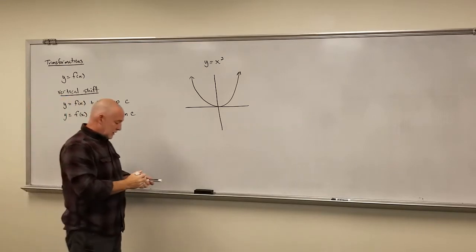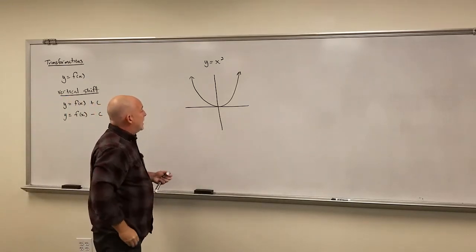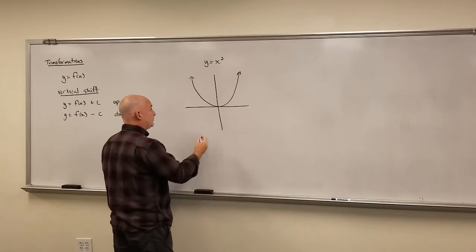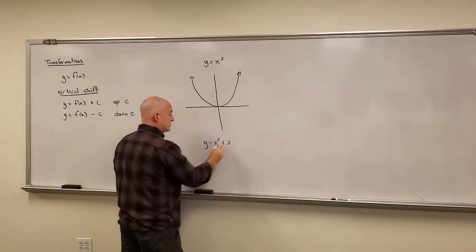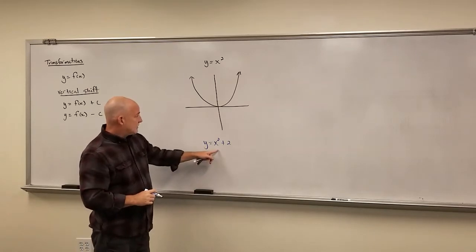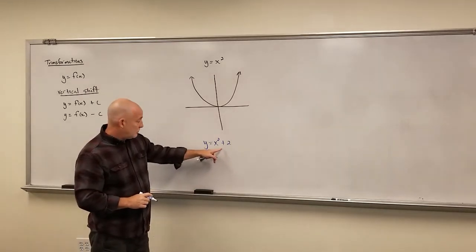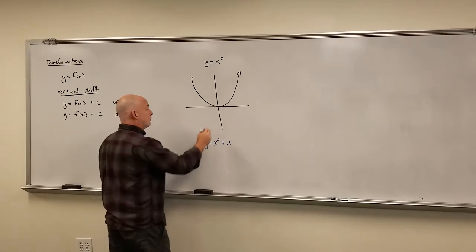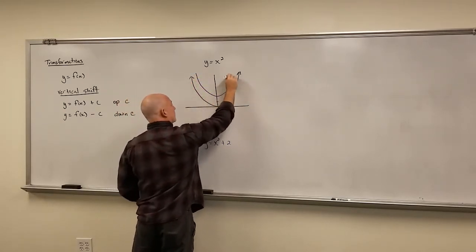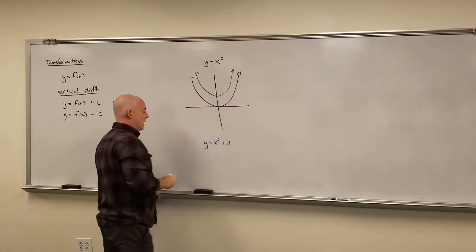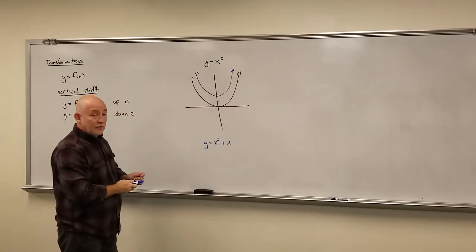So if we were to take, say, this graph, and what if I said y is equal to x squared plus 2? Well, that says take this entire graph, the original x squared, and we're going to move it up 2. So if we went up 2 here and drew the exact same picture, that would give us a vertical shift.